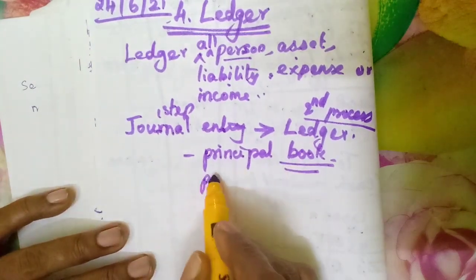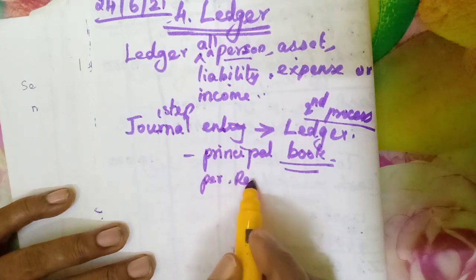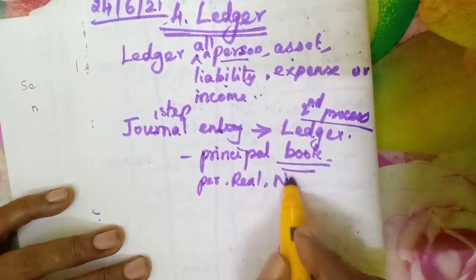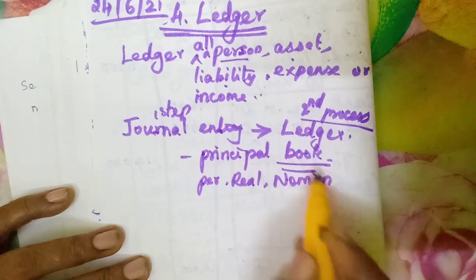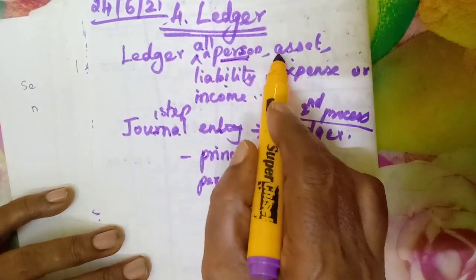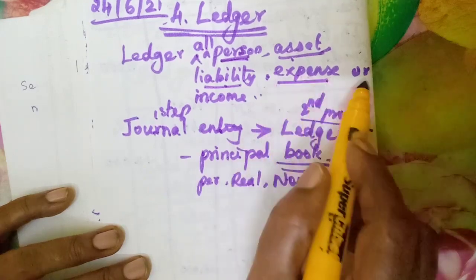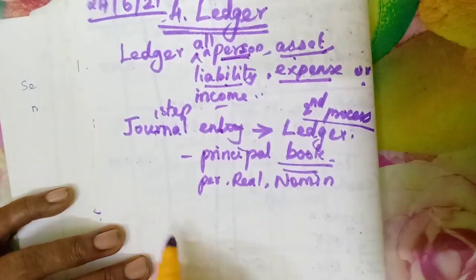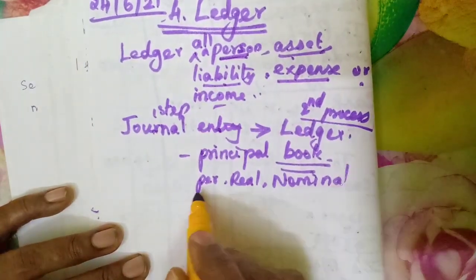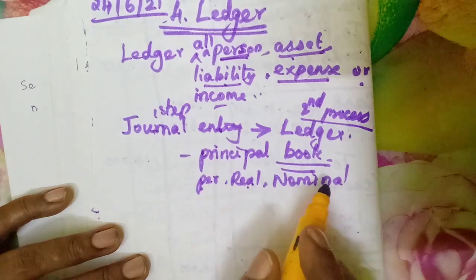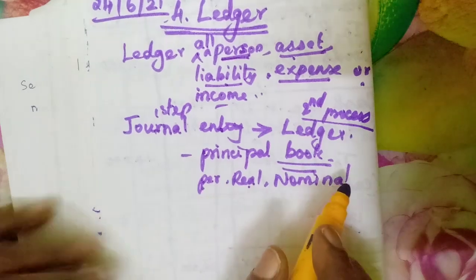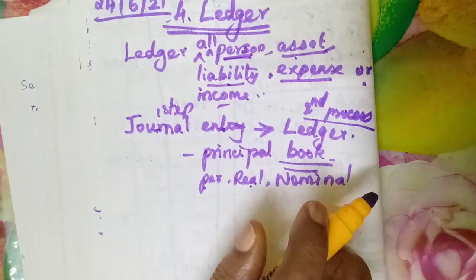Maybe the personal account, then the real account and the nominal account. Personal means persons, real means assets and liabilities, then expense and income are the nominal account. So all accounts, personal, real and nominal, are entered.